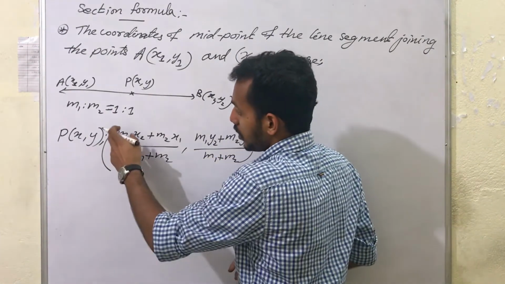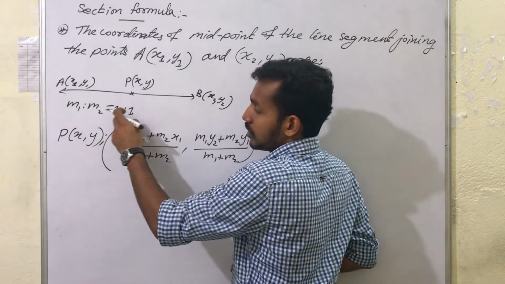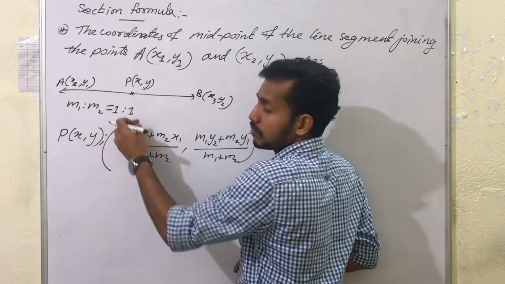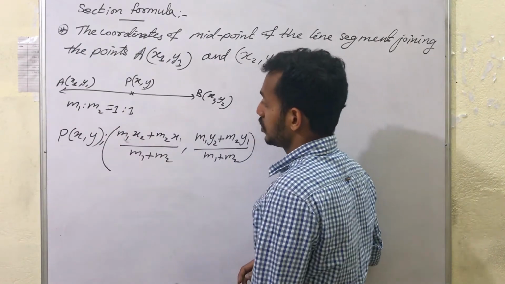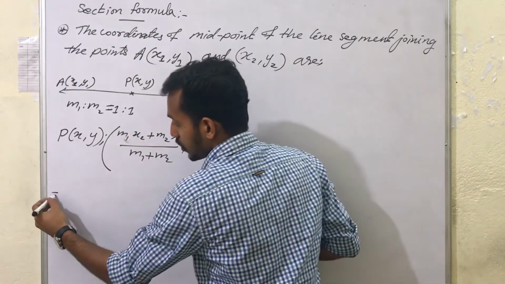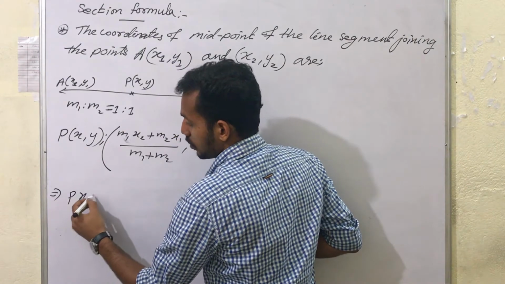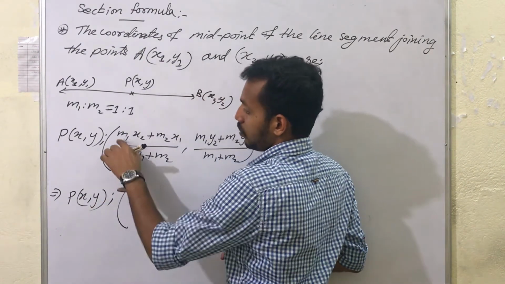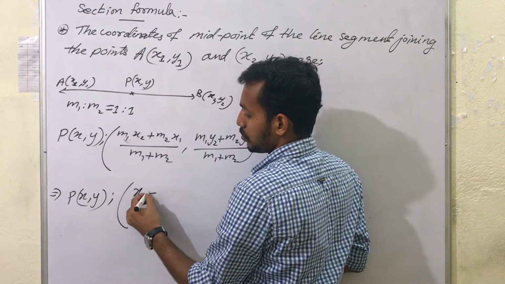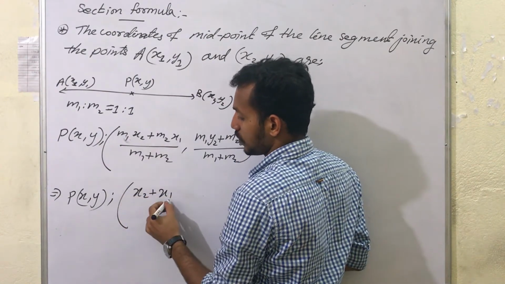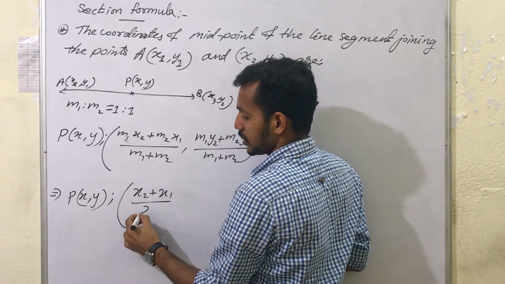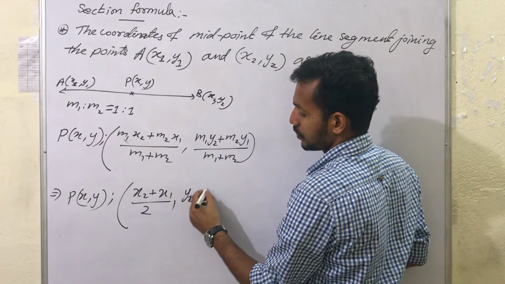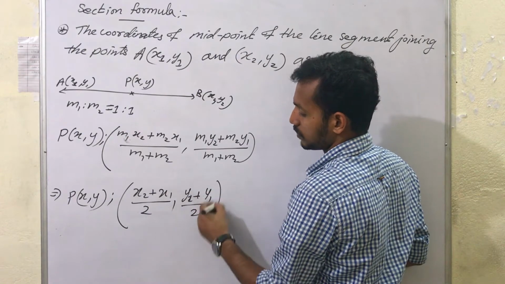So here m1 and m2 both become 1. Therefore, the coordinates x comma y will be 1 into x2 plus 1 into x1, that is x1, divided by 1 plus 1, that is 2. Similarly, this coordinate will be y2 plus y1 divided by 2.